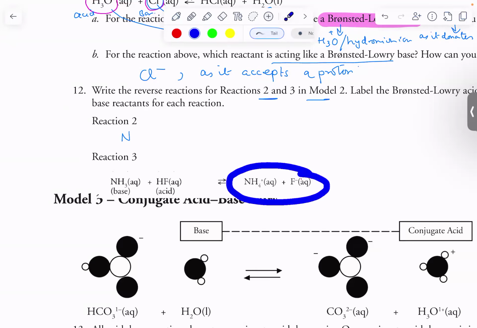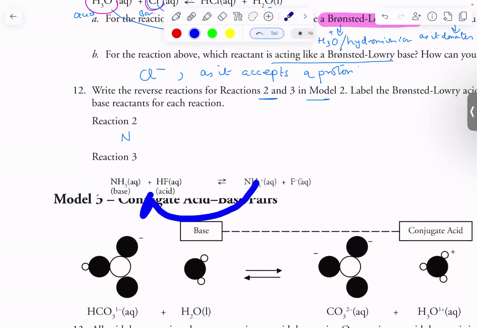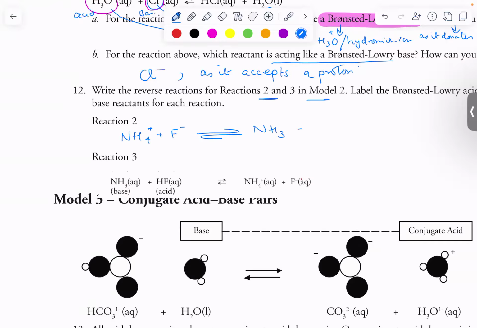So the products would become reactants and the reactants would become products. So NH4 plus F minus would become NH3 plus HF. First you need to write the equals sign.